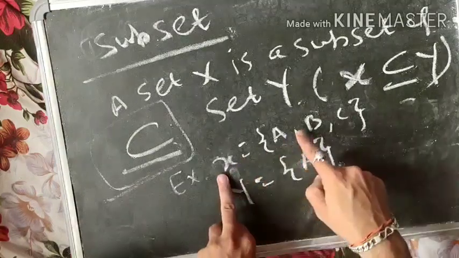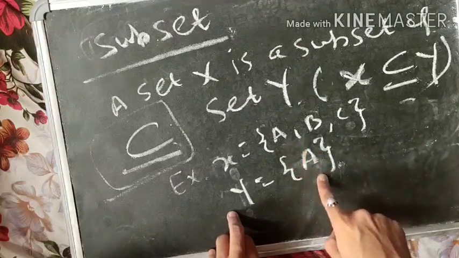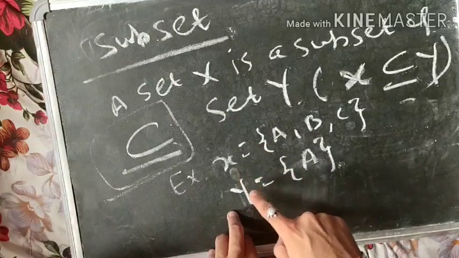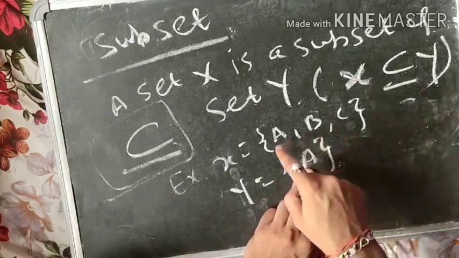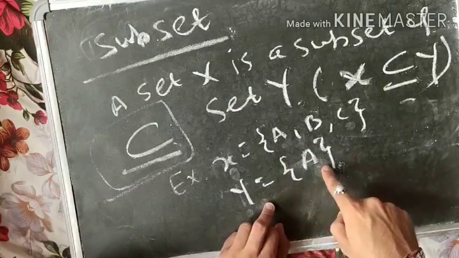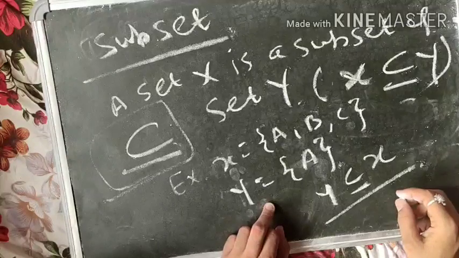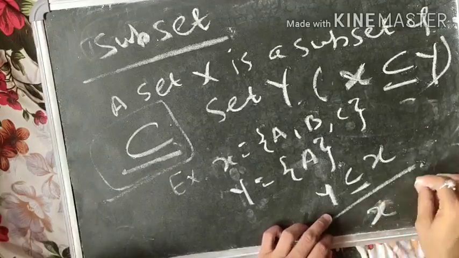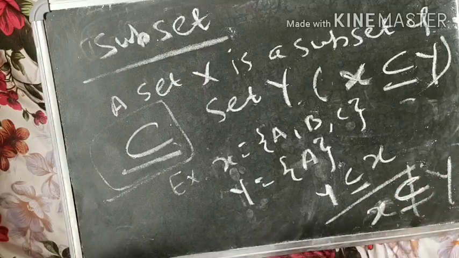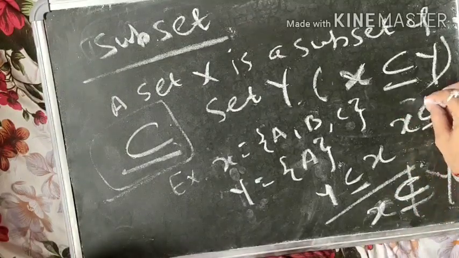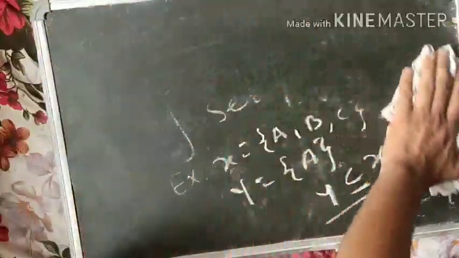Not all the elements of X are contained in Y, so X is not a subset of Y. But Y contains a single element which is also in X. All the elements of Y are in X, so Y is a subset of X. X is not a subset of Y, which is shown using the not-subset symbol. This is an example of a subset.